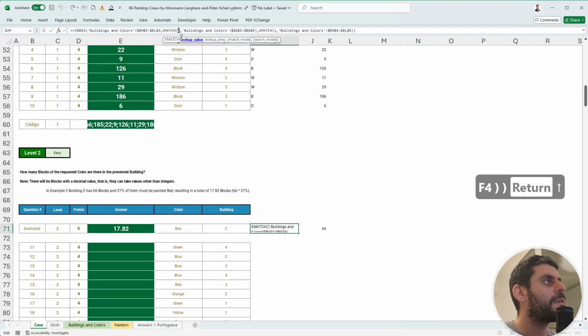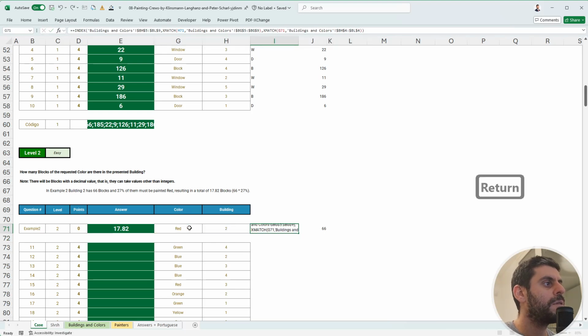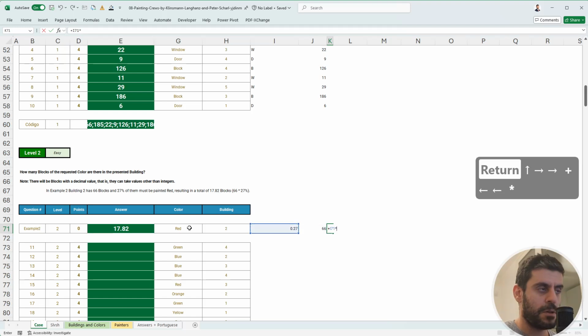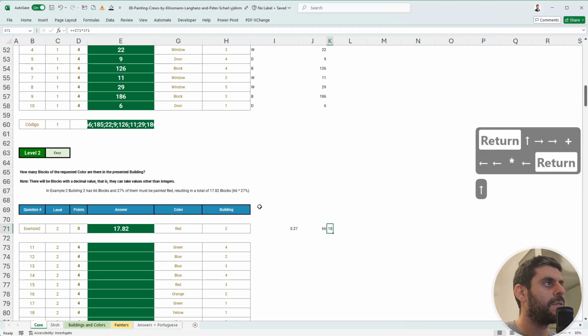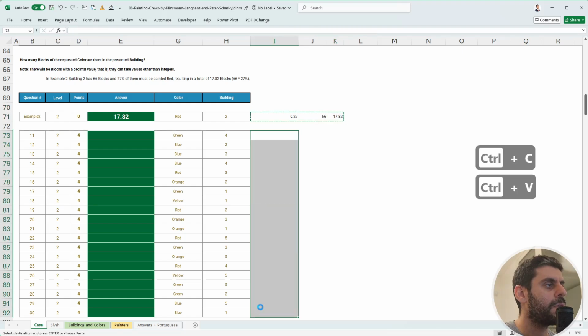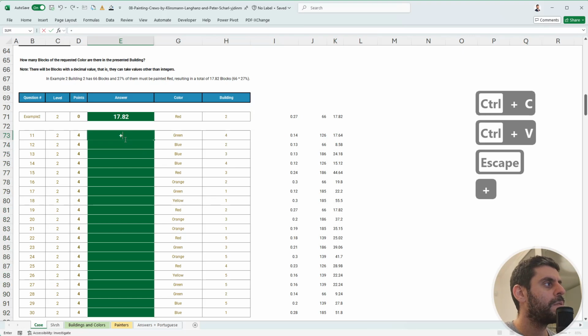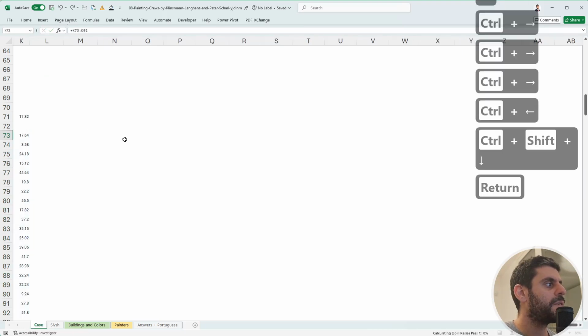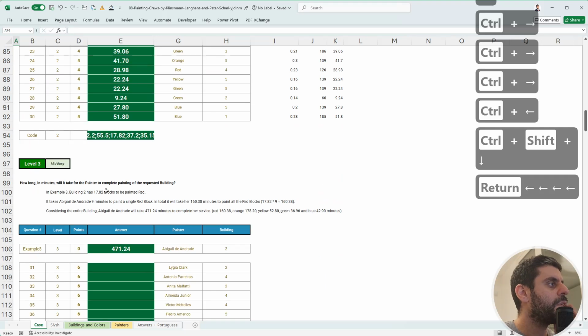Okay, and I need the building, and I need the color, and I need to multiply. Okay. Hopefully this does make sense, and let's go.